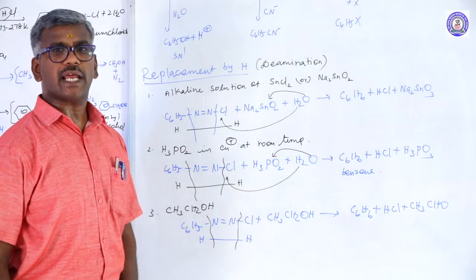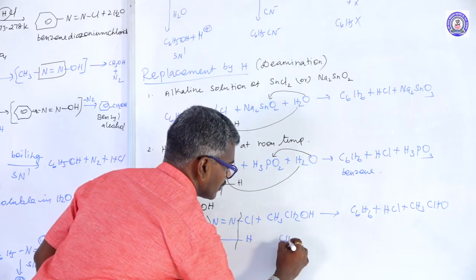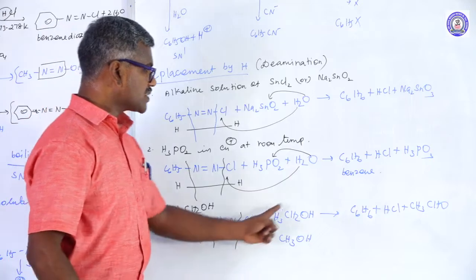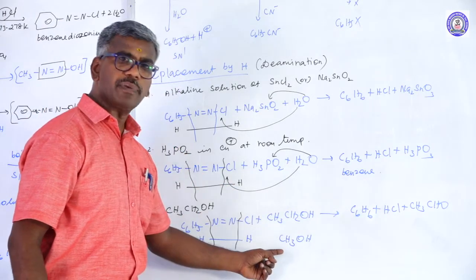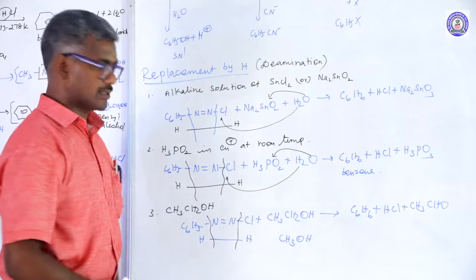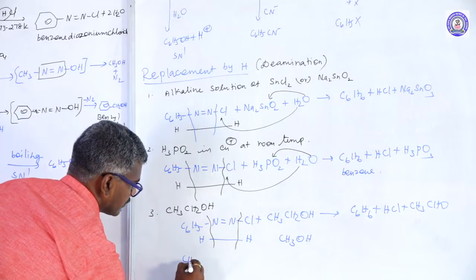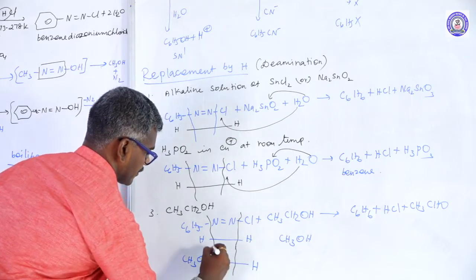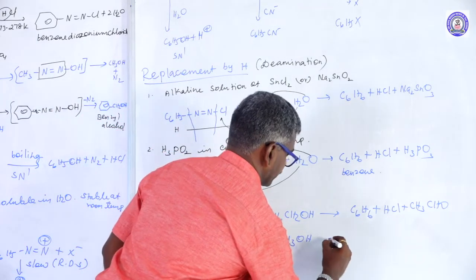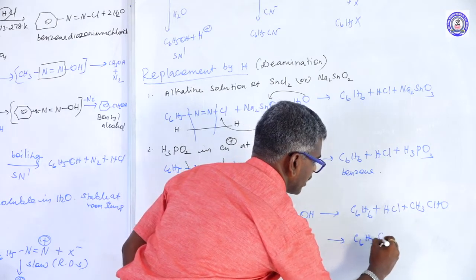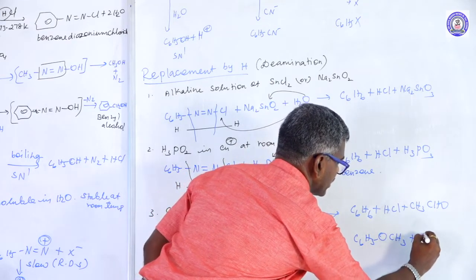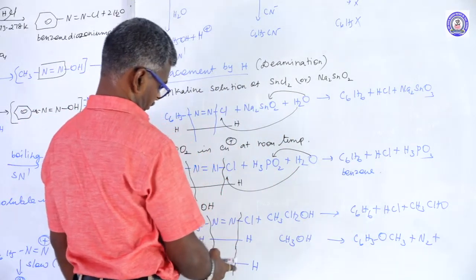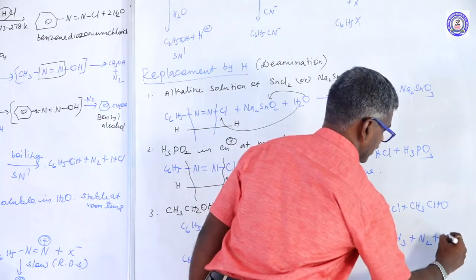Instead of ethanol, we can use methanol. So when the number of alkyl groups increases, this reaction takes place as deamination. With fewer alkyl groups, it forms an ether, C6H5OCH3 plus N2 plus HCl.